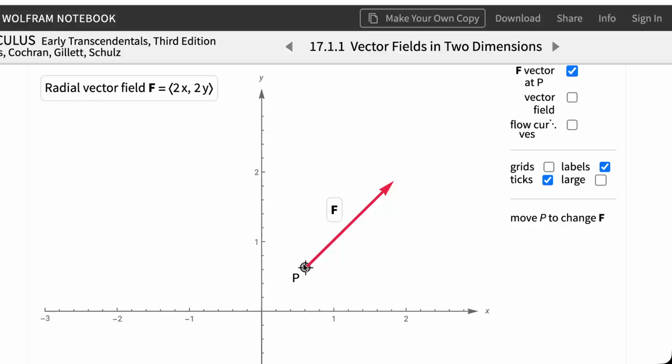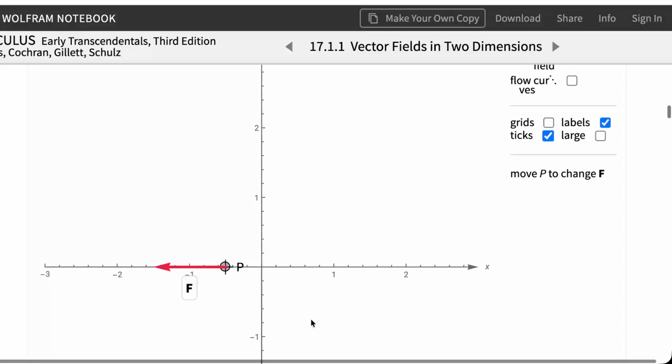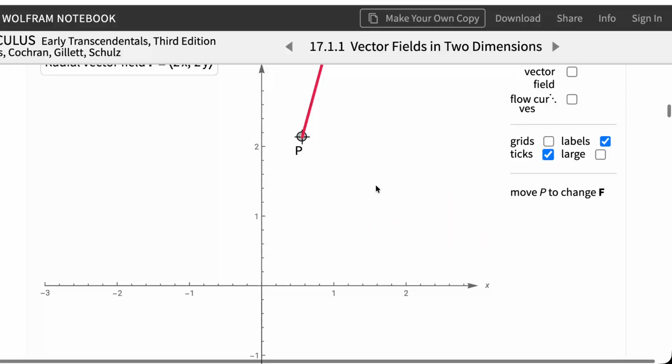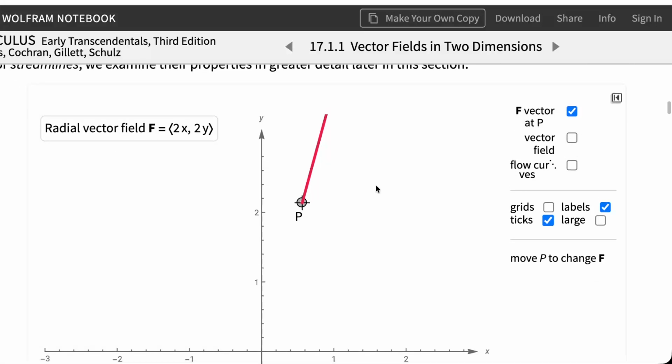The vector we plot at that position is twice as long as that position. So if I go somewhere more up towards the y-axis, the vectors get longer and more straight up. If I'm back here, I'll get the negative direction. If you play around with a bunch of different positions for P, the input, you can see what the output vector drawn there is.